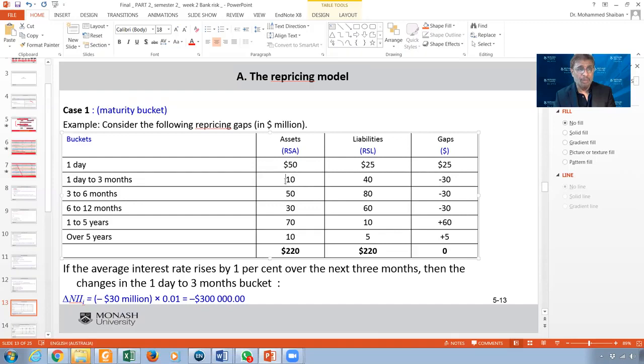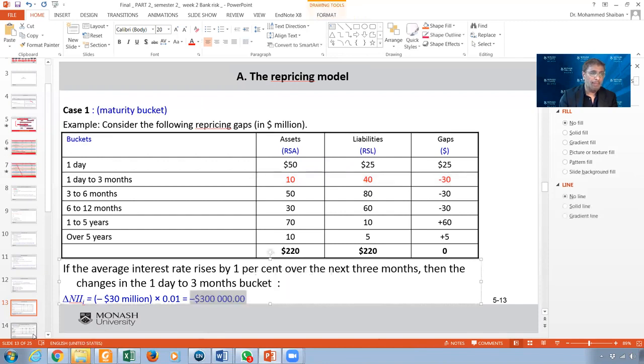If you look at this horizon, this is coming from what we call refinancing risk. According to the repricing model, you just calculate it. So if the average interest rate rises by 1% over the next 3 months, then the change in 1 day to 3 months is minus 30 times 0.01, which is 300,000. This is the change in the net interest income.